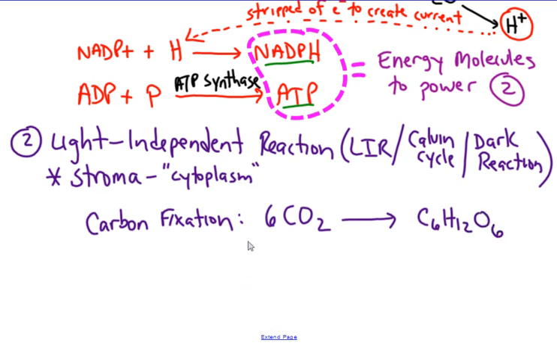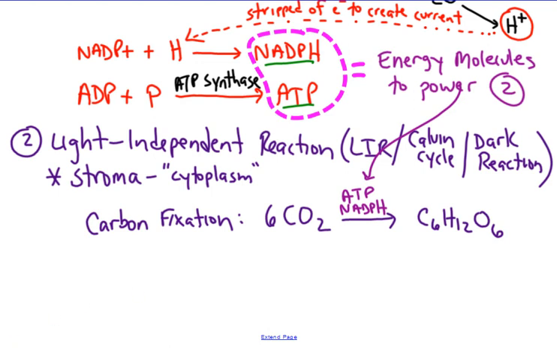So 6 1-carbon molecules makes 1 6-carbon molecule. Now, the importance here is our energy molecules from step 1, ATP and NADPH, brought on by step 1, is what is powering that process.